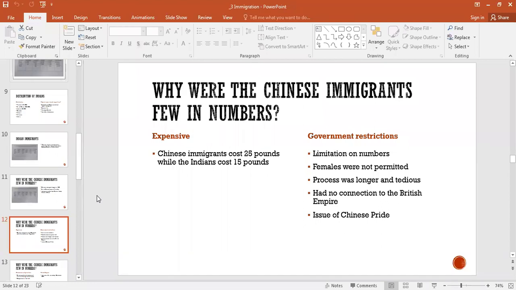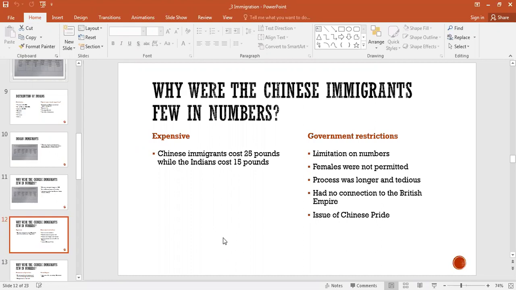So cost is something that the planter is going to take into consideration, while the East Indian was 15 pounds. So if you look at 25 to 15 pounds, why do you think the planters are going to choose the East Indian over the Chinese?